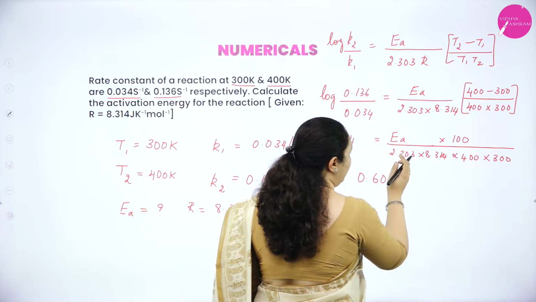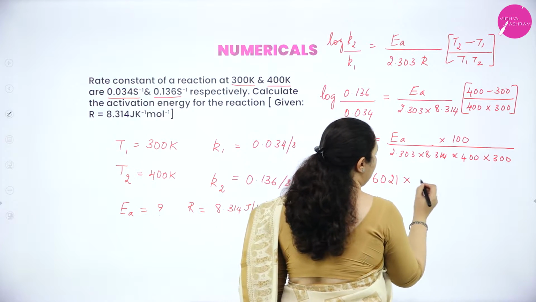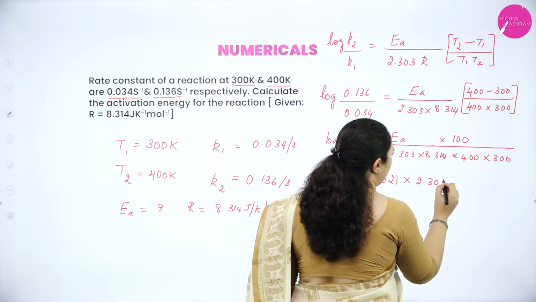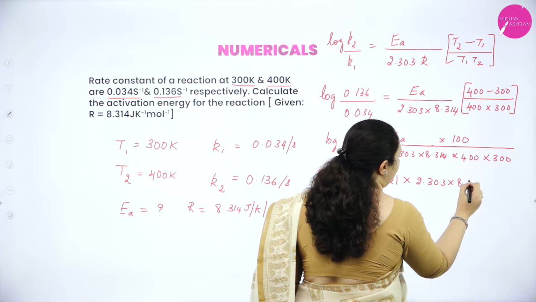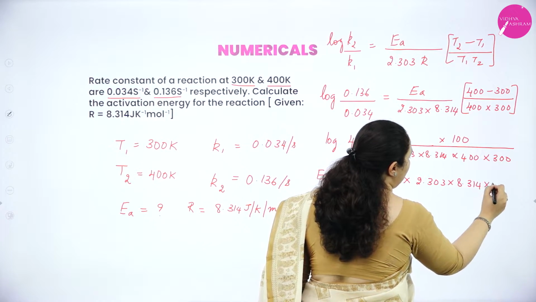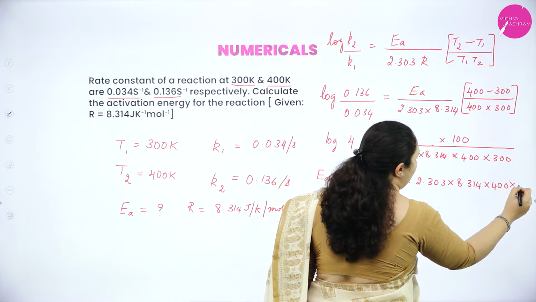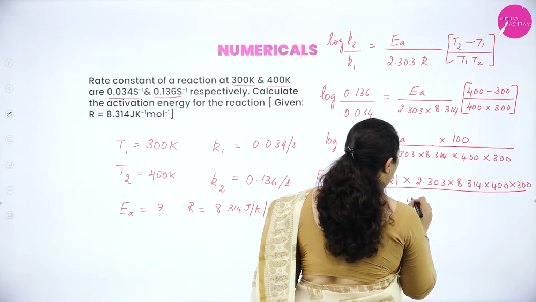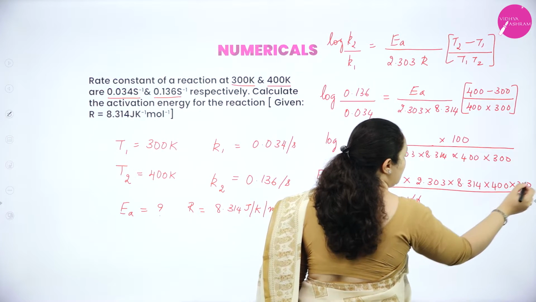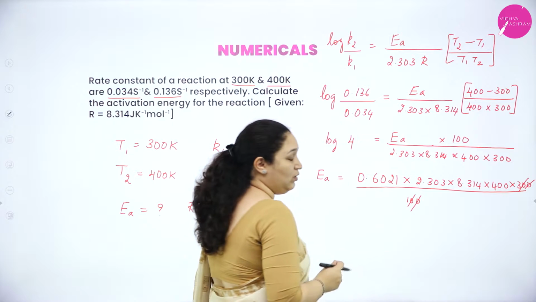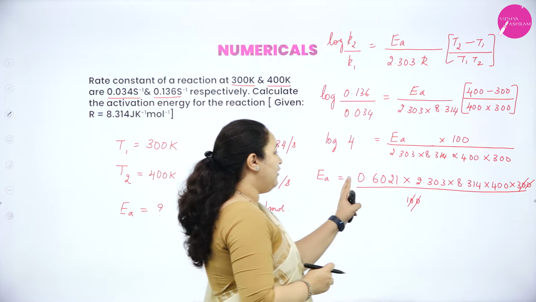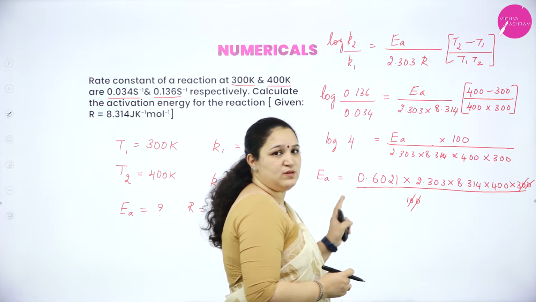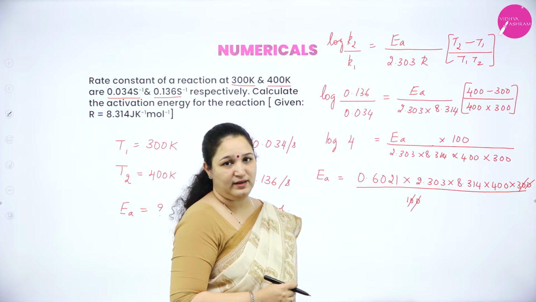I'll take the entire denominator to the other side, so this will become 2.303 into 8.314 into 400 into 300 divided by 100. 0 and 0 get cancelled here. Now with your calculator you have to just multiply all of these numbers, you will get the answer directly.